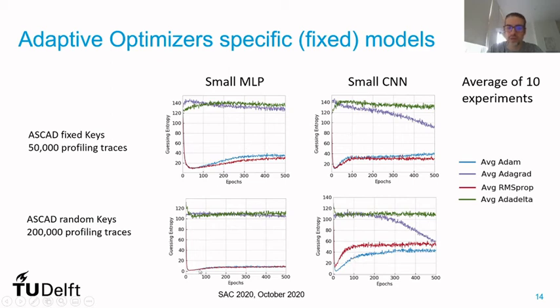When the guessing entropy increases after it reaches the minimum value, we very likely have overfitting, and this is more frequent for CNNs because CNNs have more capacity than MLPs to fit the data. We also observe that ADA-delta and ADA-grad don't show very good behavior for small models.